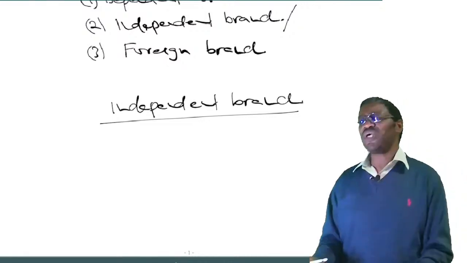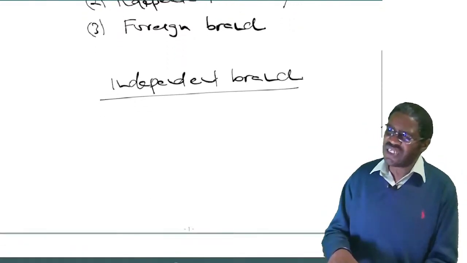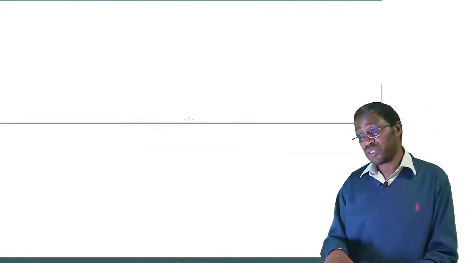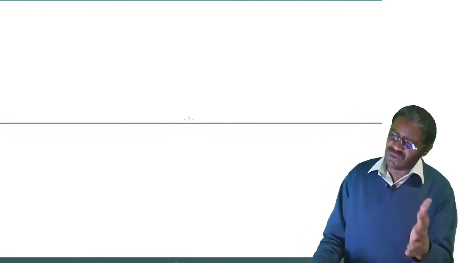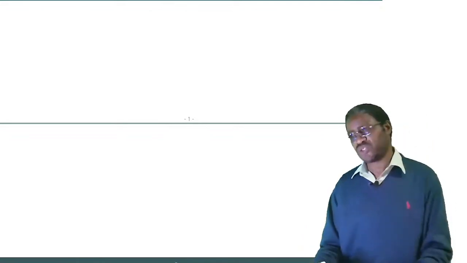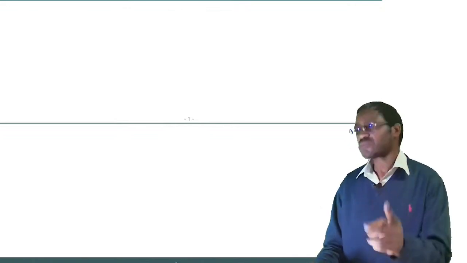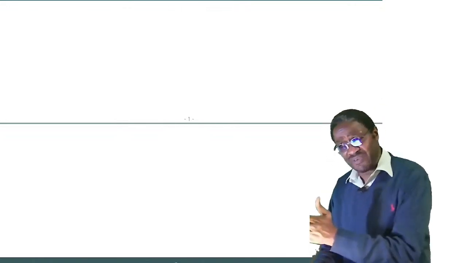So let me now introduce what are these accounts that you as a head office will keep on behalf of your branch, and what are the accounts that the branch will keep also. I have said that the head office will keep their own records of the transactions with the branch. The branch also will keep their own records of the transactions with the head office.